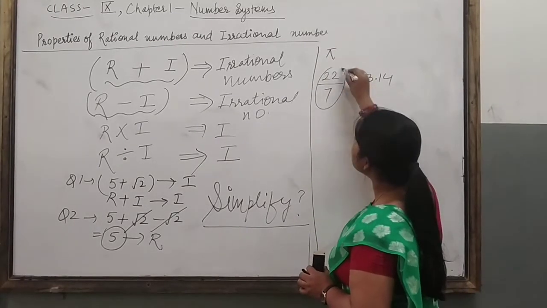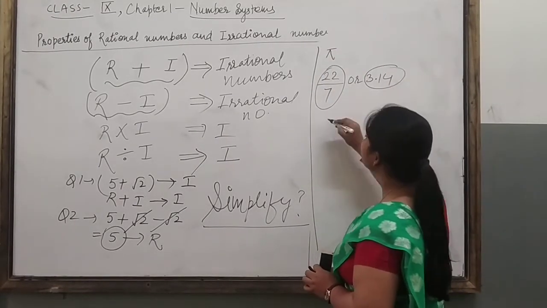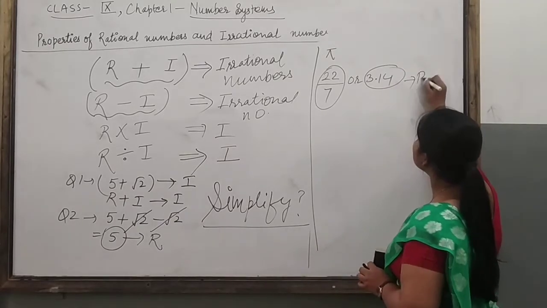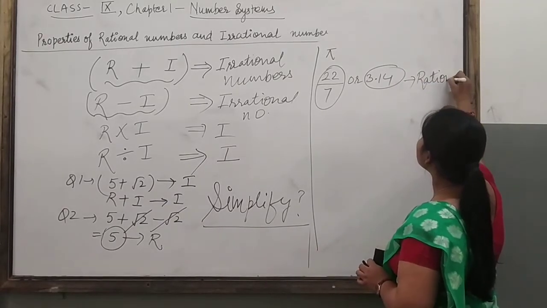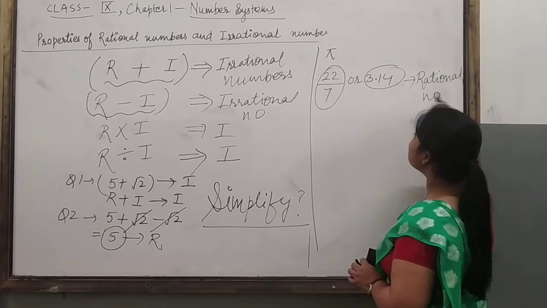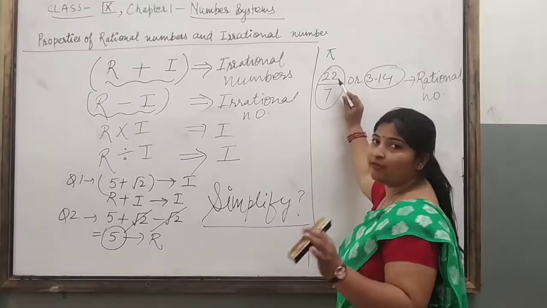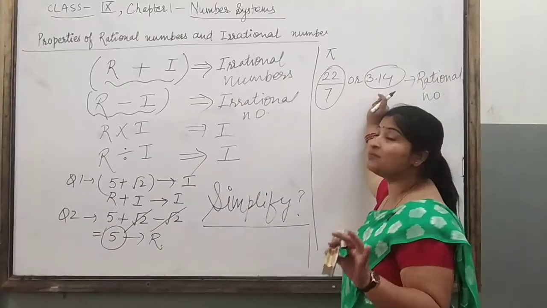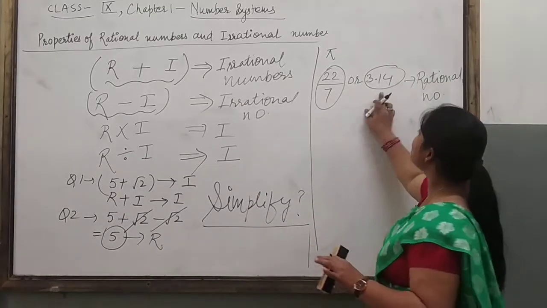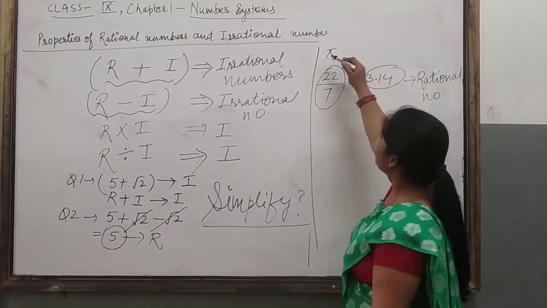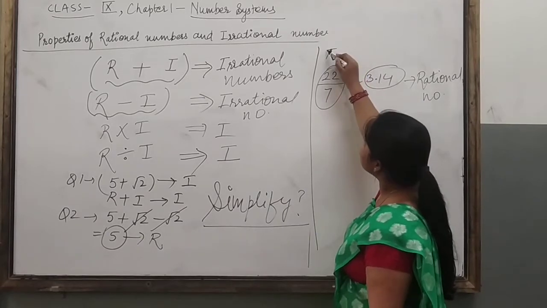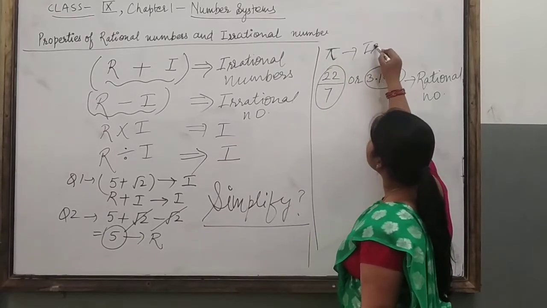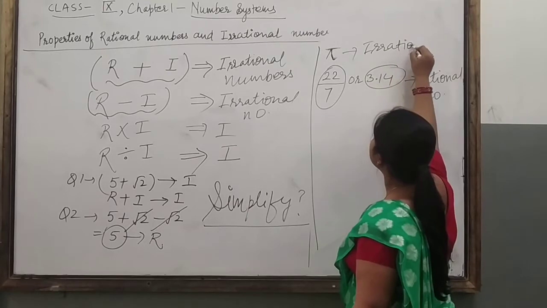Actually, 22 upon 7 and 3.14 are rational numbers. Why are these rational numbers? Because 22 upon 7 is written in the form p by q, and 3.14 is a terminating decimal. So they both are rational numbers. But pi, where the symbol pi is written, this pi is always an irrational number.